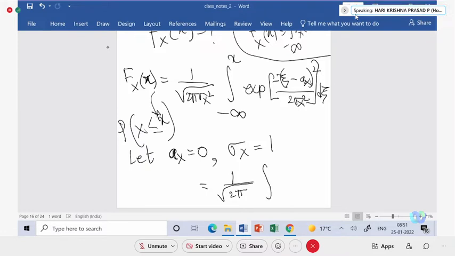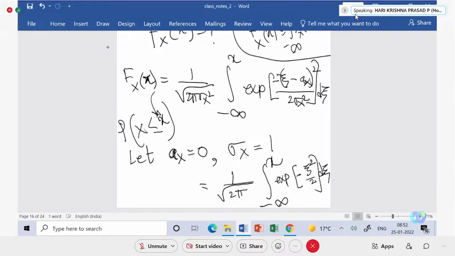Within the integral sign, what terms do I get? Minus xi square by 2 d xi. What are the limits now? Minus infinity to x.